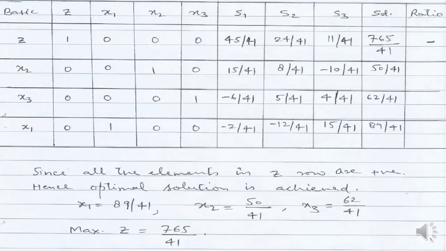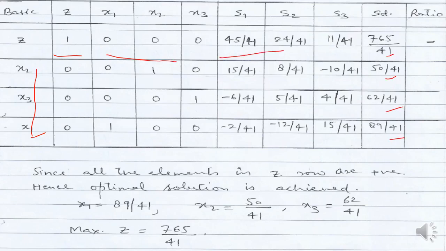After doing the calculations we get this new table, and here we see this is the z row. Now our basic variables are x2, x3, x1, and the solution is 765 upon 41. x2 value is this, x3 value is this, and x1 value is this.